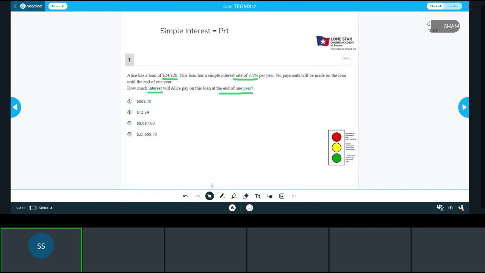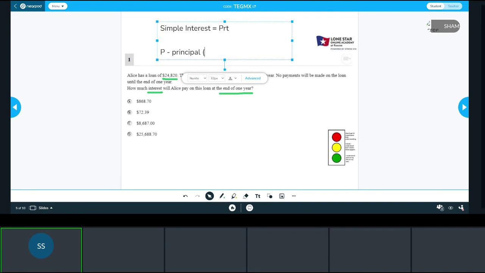Okay, in this case, let's see. Let's write down some details here. The letter P represents principal. That is the amount borrowed, right? And how much is principal for this particular question?